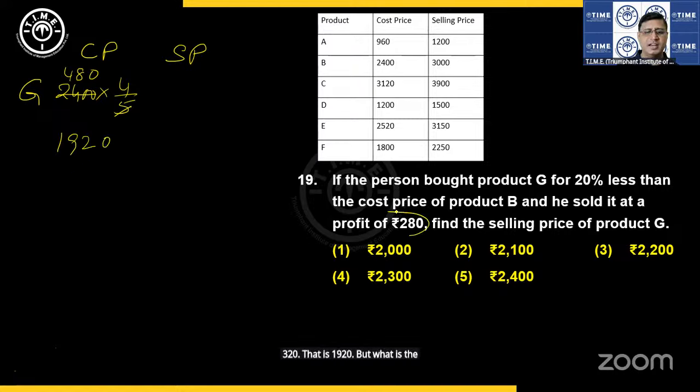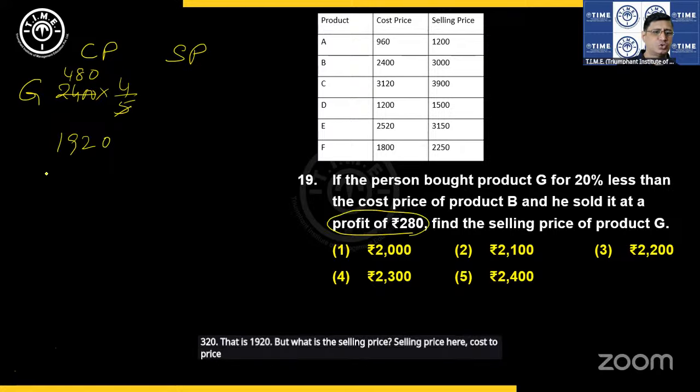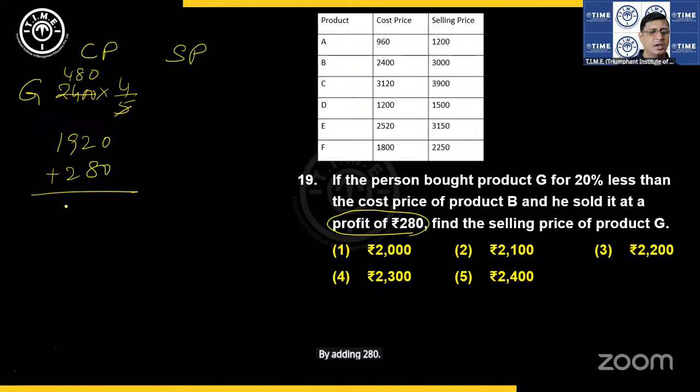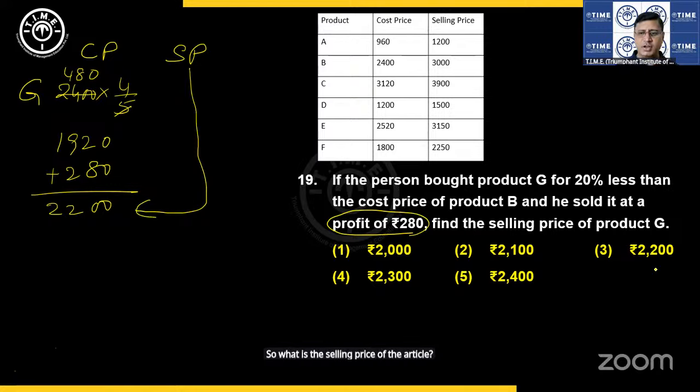Selling price here, cost price plus profit. Profit is 280. By adding 280, it is 2200. So what is the selling price of the article? That is 2200. Option number 3. Third choice is the right answer. Choice 3 is the correct option.